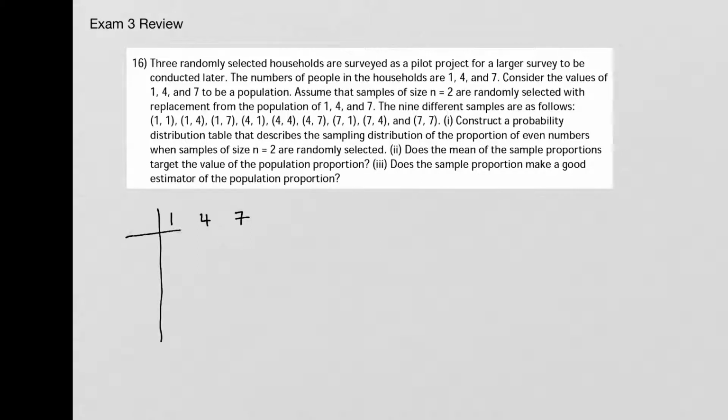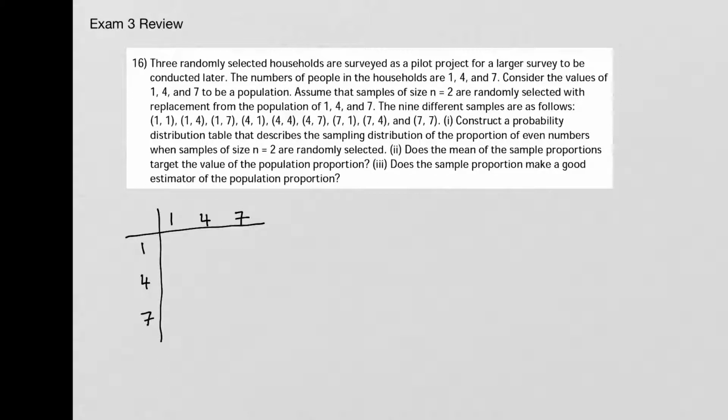And since we only have samples of size 2, then I just list 1, 4, and 7, and now I have spaces for all the possible pairings. So instead of being an addition table, you probably remember that from when you were a kid, and 1 plus 1 is 2, and 1 plus 4 is 5, and all of that. That's not what we're looking to do here, but it's kind of the same principle.